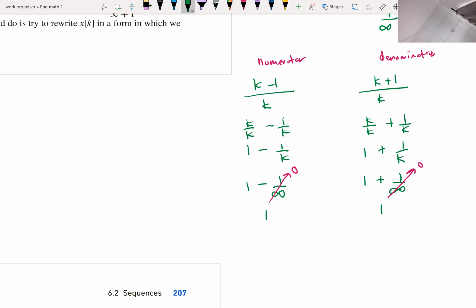So the numerator is 1 and the denominator is 1, so it will be 1 over 1. The limit is 1.